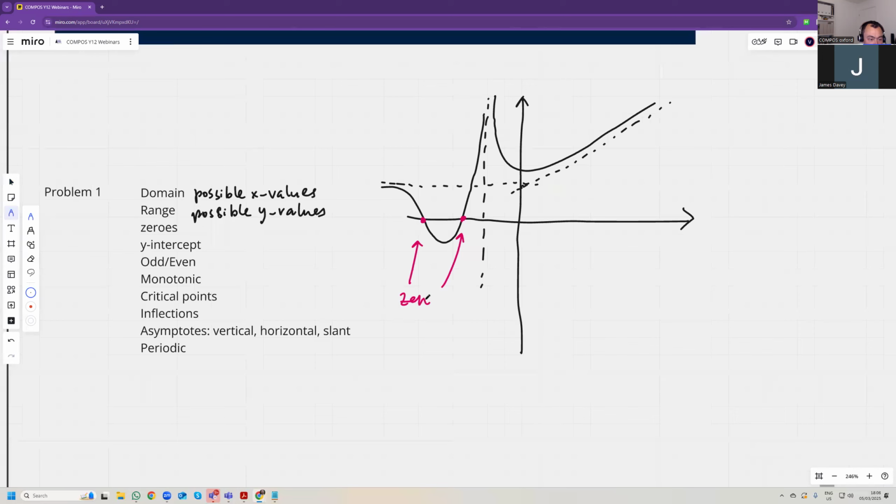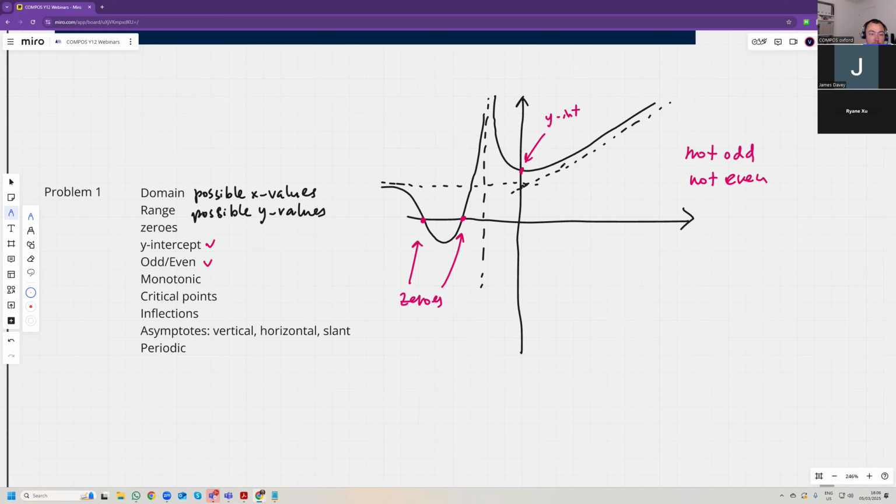So zeros. The y-intercept, of course, this is the y-intercept. So odd or even, well, this is a property. Now, this is not odd, not even. So odd functions and even functions, they're symmetrical in special ways.